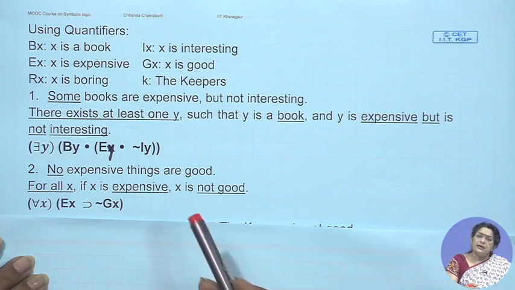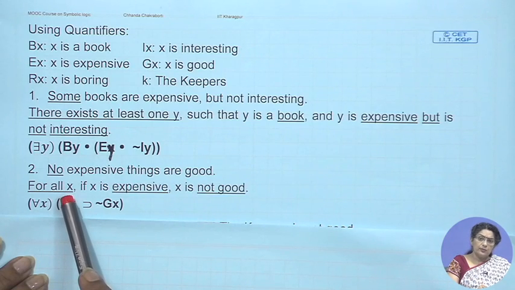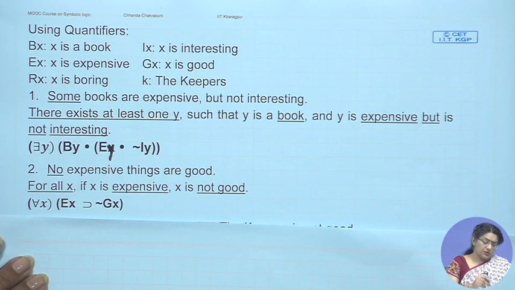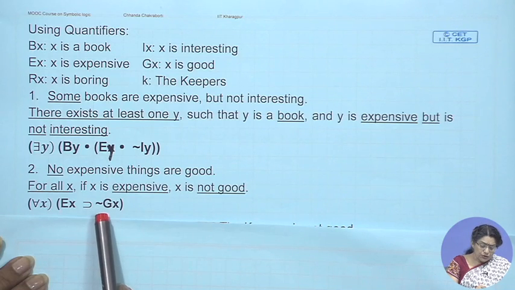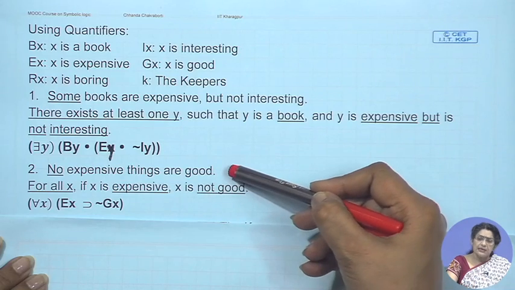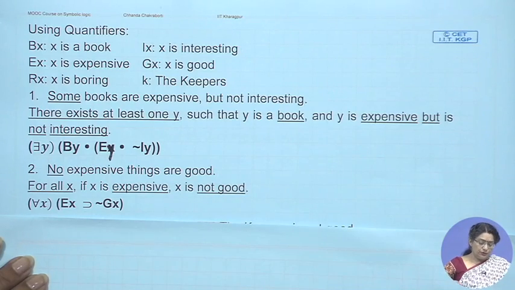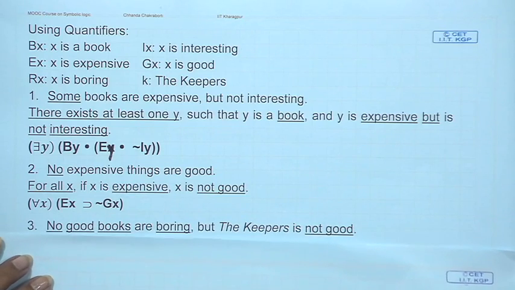Why this if then? I have given you the answer already. Whenever you are dealing with universals, remember to treat them as a conditional. So, if x is expensive, then x is not good. Where does it show not good? The tilde attaches here. That is a classic E proposition. I have shown you the schematic form of the E also. So, you can see that is what we have followed.